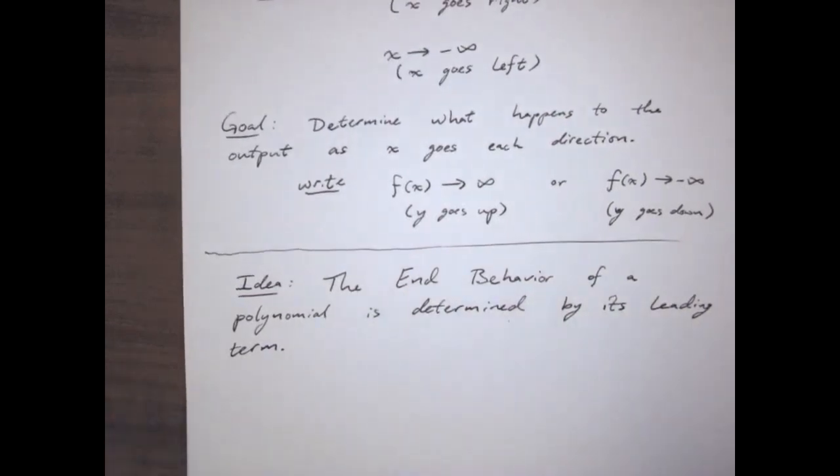So we're just going to have to look at the leading term, and then based on the graph of that, which will resemble a toolkit function, we can figure out what the end behavior of the polynomial is going to be.